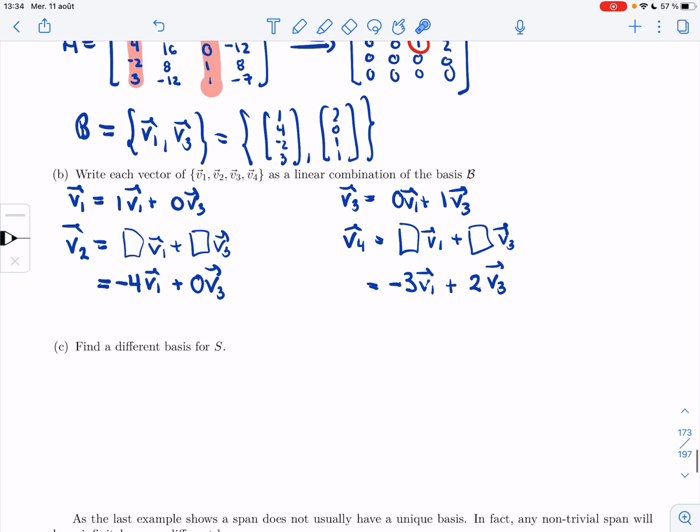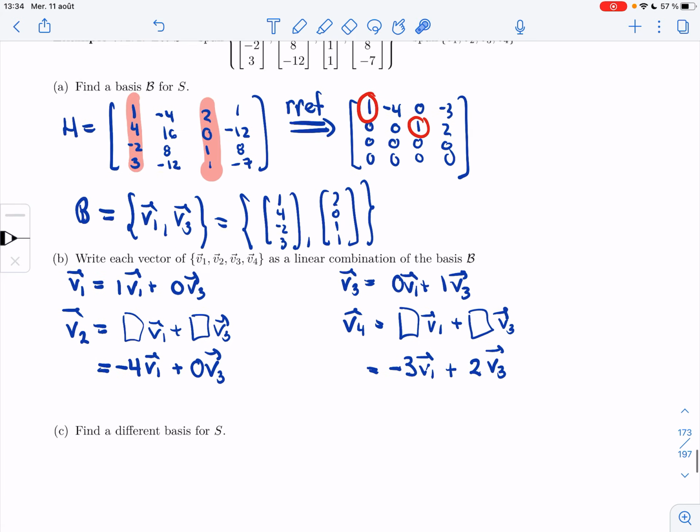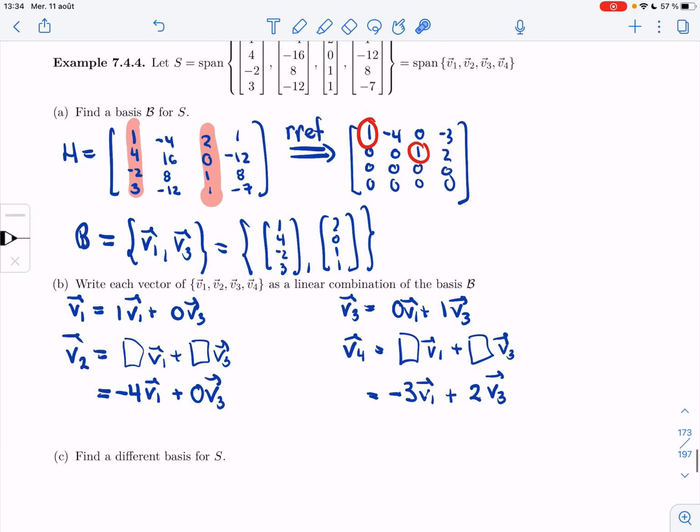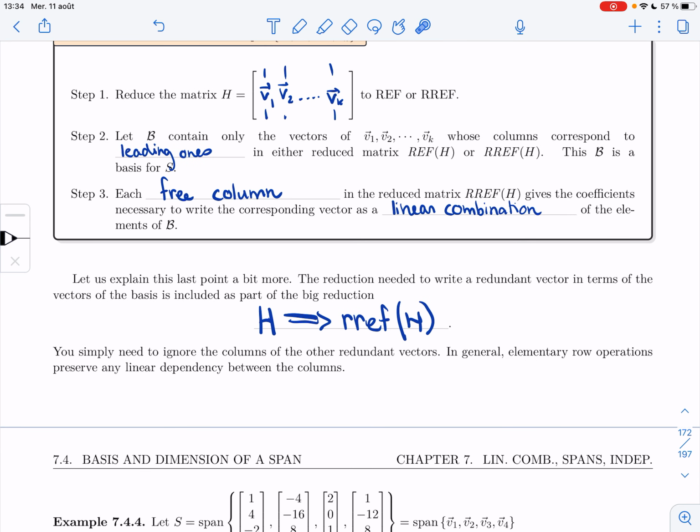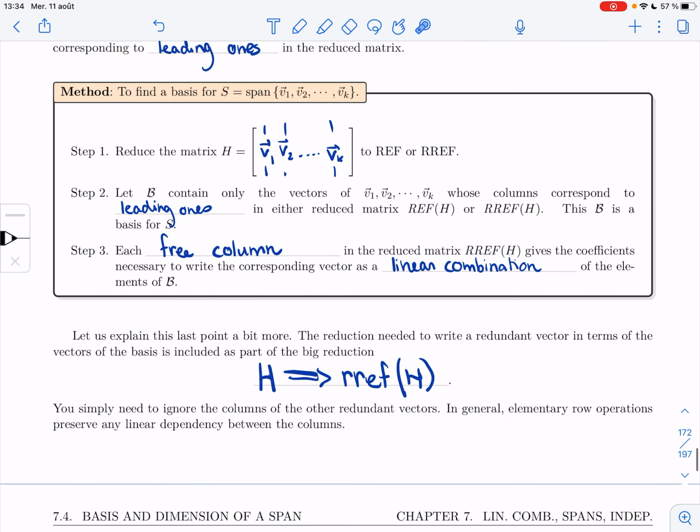All right, now I'm asked to find a different basis for S. That's interesting. So I found a basis, V1, V3, and that's the basis given to me by the method. Now I could try to find a basis some other way, or I could apply the method slightly differently. Something that I used was the order of these vectors. I chose in which order to put them in the matrix, but I could do this in a different way.